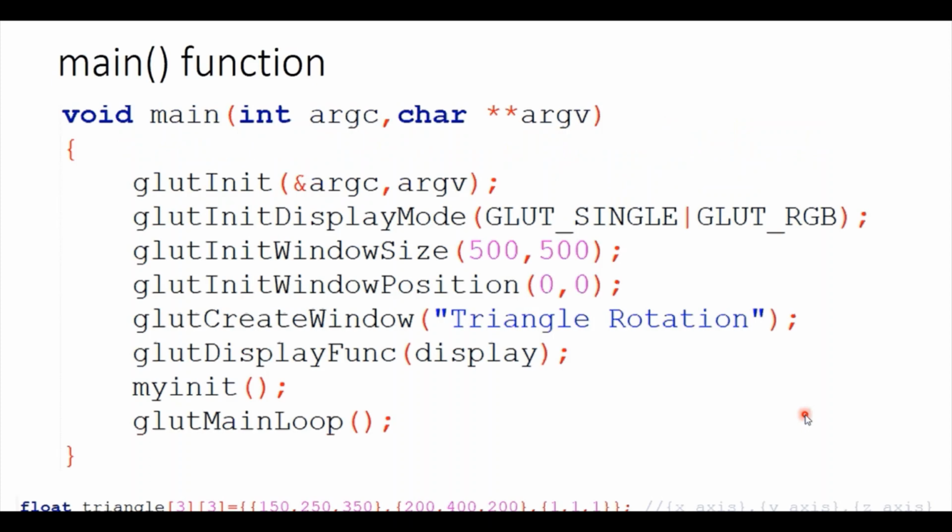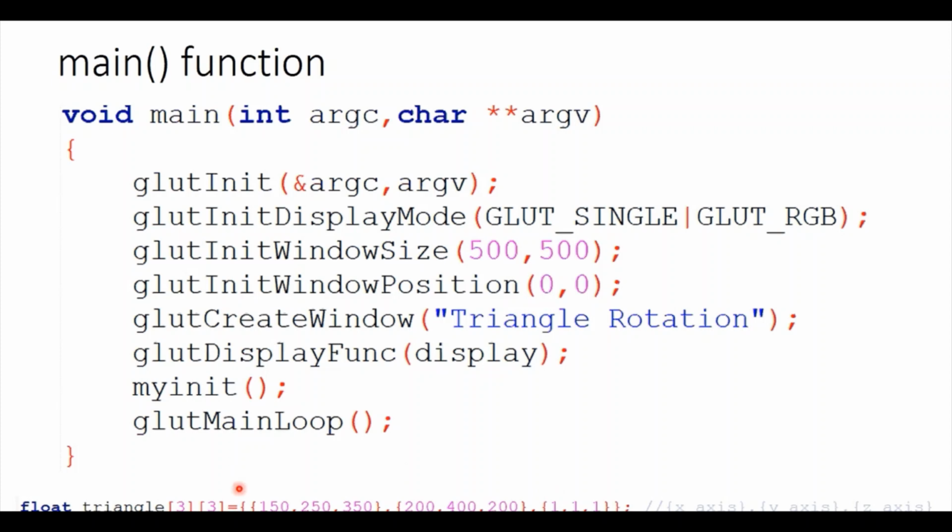So I have defined my triangle like this, float triangle, a 3x3 two-dimensional matrix. The first row gives the x-axis of all 3 points, the second row gives the y-axis of all 3 points, and the third row gives me the z-axis of all 3 points.